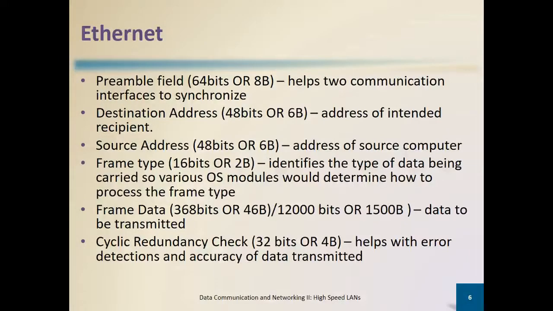This is where the Ethernet frames have their various segments and data allocations. As I was pointing out with the data part, you have the minimum of 368 bits or 46 bytes up to 12,000 bits or 1,500 bytes.